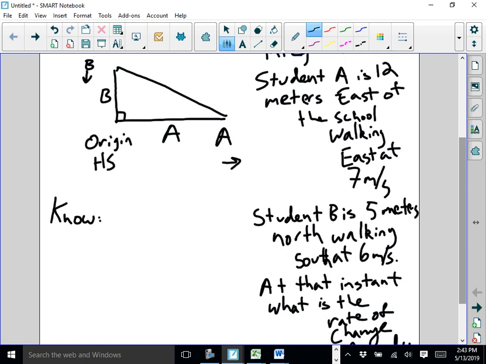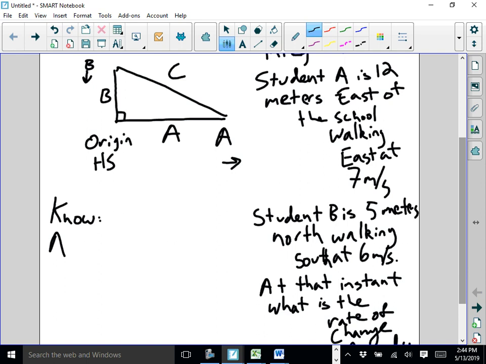Now, when we list our know column, we need to think about amounts versus rates. Rates are always going to have a time unit associated with them. 7 meters per second is a rate. 12 meters is just an amount. So what we know in this triangle is that side A right now is a length of 12. So I'm going to let A equal 12.